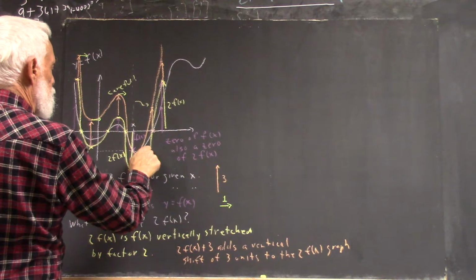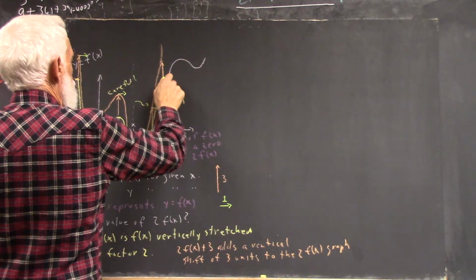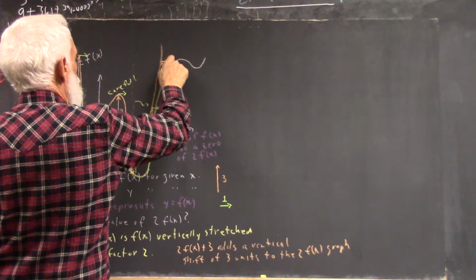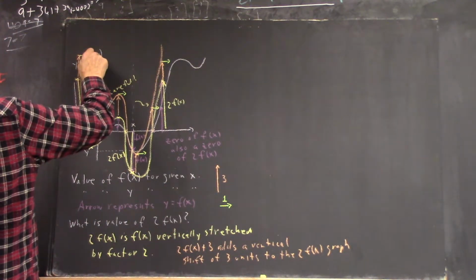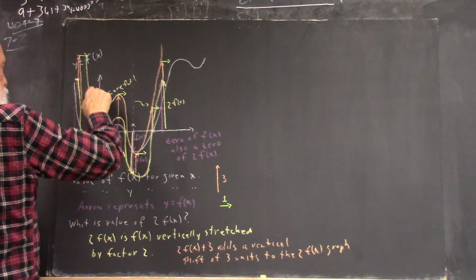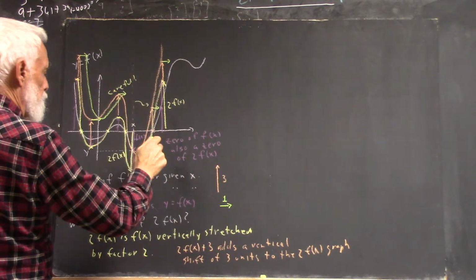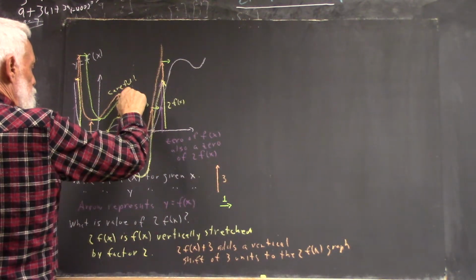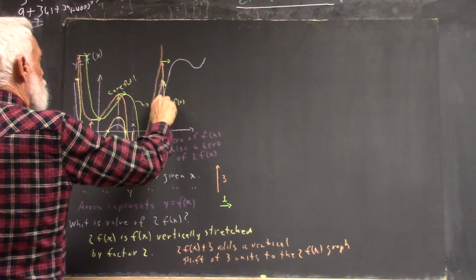Each of the points I used in constructing the orange graph, and move it, this arrow, to the right. Then I'm going to have a graph that comes up here, down through here, up here, turns around, comes way down here, turns around here, comes up through here and here.